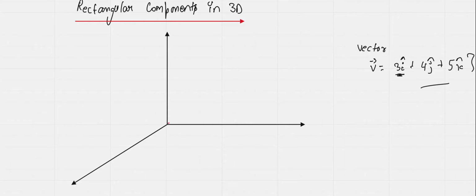Okay? This is the length in the x direction, 3 meters. Fine. In y, I have 4. So I'll go and make 4 meters in the y, a little bit longer than the x. And there's a 5 in the k. So maybe I can make it this.